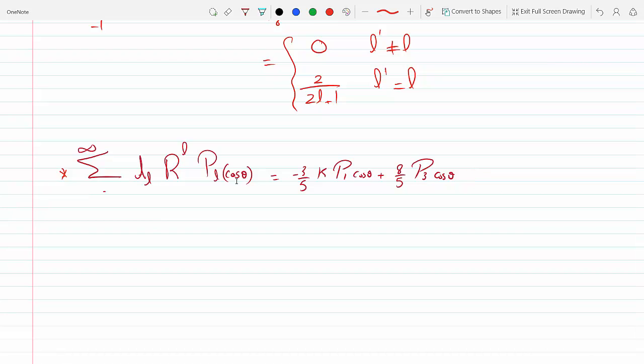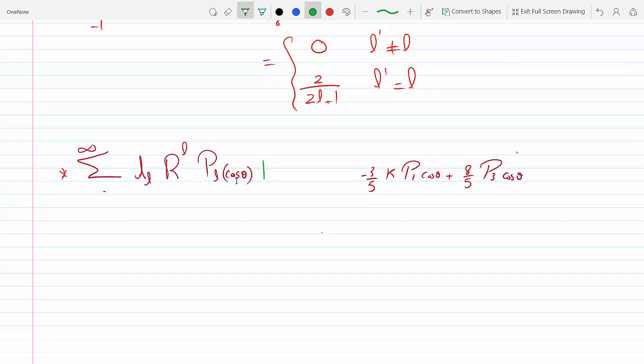Okay. And what I'm gonna do, let me bring this, it's easier than having to write this whole thing all over again. I'm gonna multiply both sides of this by what? By P. Let me do it in a different color.